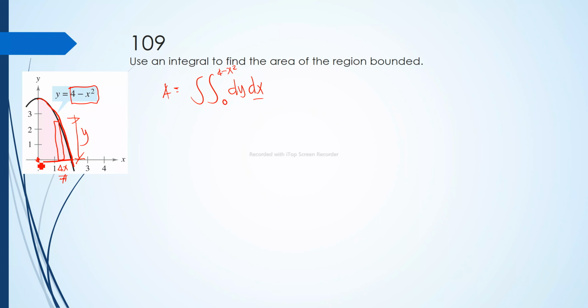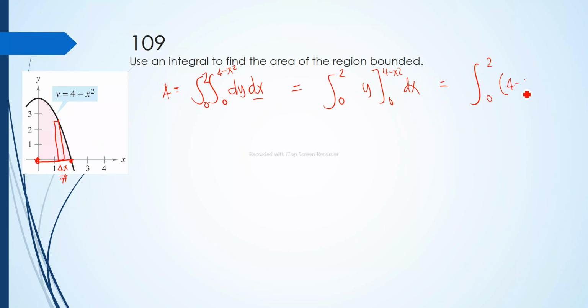That is from 0. And our upper limit, clear from this graph, is here, 2. So that is very simple. We have y evaluated from 0 to 4 minus x squared dx. Then we have 4 minus x squared dx.